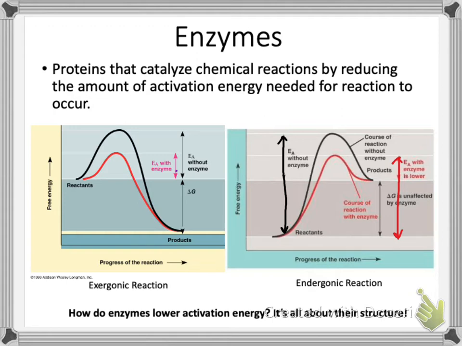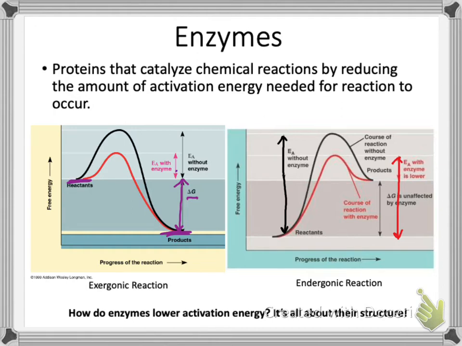So let's take a look at our exergonic and our endergonic reactions one more time. This is our exergonic reaction over here on the left. You'll notice the energy of my reactants and the energy of the products stay exactly the same in both of these lines, so delta G is unchanged. However, what is changed is the size of that activation energy hump.